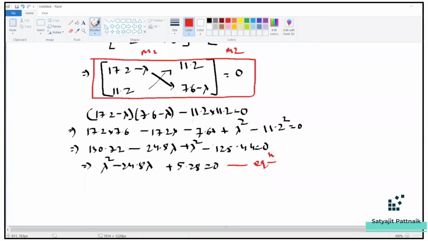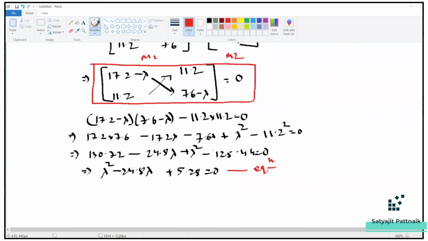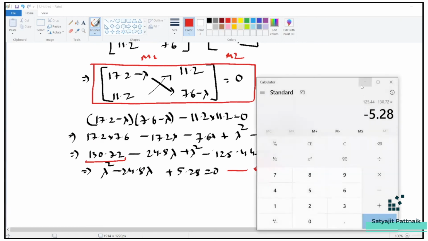I might be wrong in some of the mathematical values. I cannot guarantee that the multiplication and all has no deviations or problems. It could be 131.72, it could be a human error on my part, right?